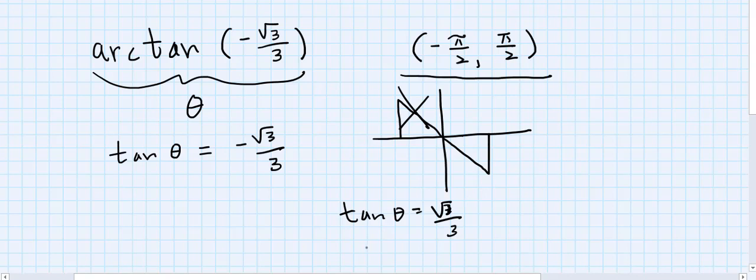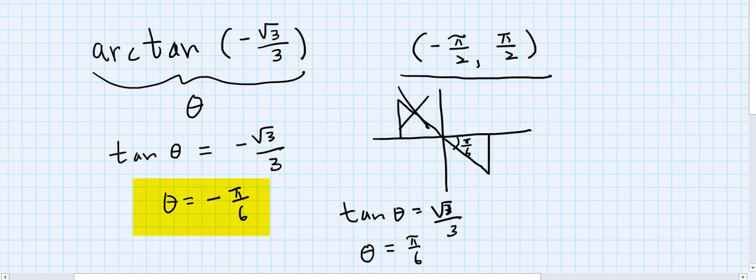Well, that's when theta is pi over 6. So this reference angle over here will be pi over 6. But again, look at the restriction. The restriction goes from negative pi over 2 to pi over 2. Therefore, theta has to be negative pi over 6.